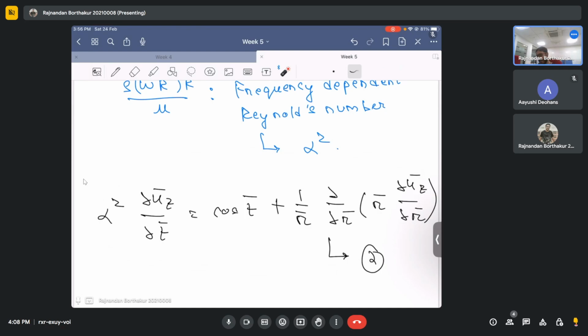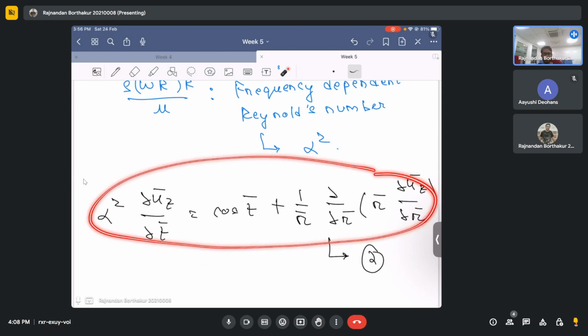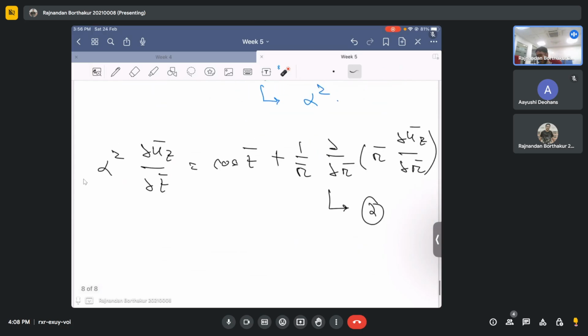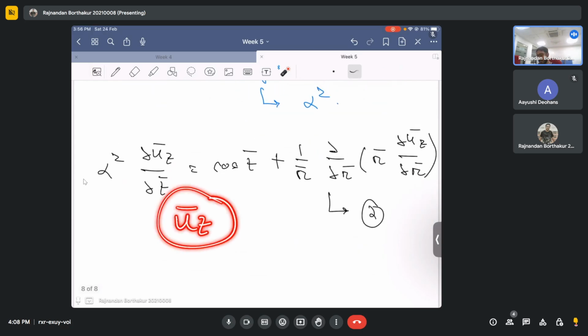This means that if we solve this equation using some boundary condition, and we find out the non-dimensional uz, the non-dimensional uz will just be a function of this alpha squared. So in other words, if I tune the value of alpha, I will get the value of uz as a function of r bar and t bar.